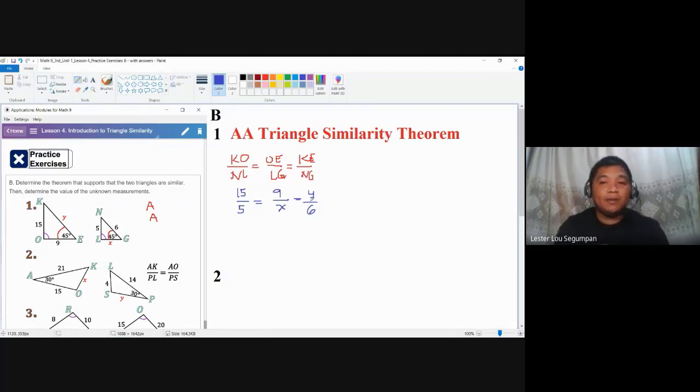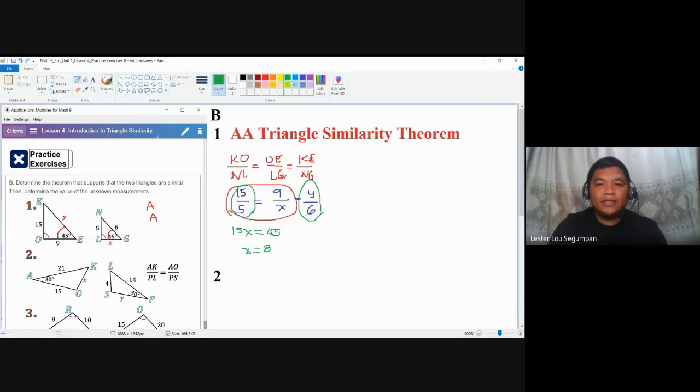Similar to the previous video, we could pair these two to solve for the value of x. Using the fundamental law of proportion, you have 15x is equal to 45. Divide both sides by 15, x is equal to 3. We may use this here, but since we could actually use this pairing here, 15 over 5 and y over 6, let's try to do this.